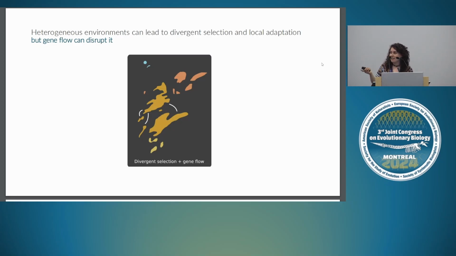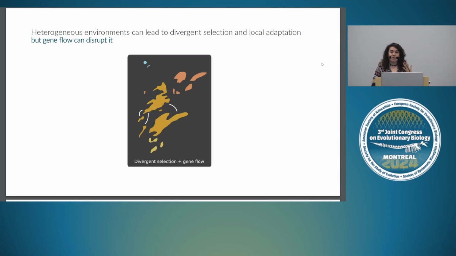And as you are seeing here, most of these populations that are connected are nearby, because gene flow tends to happen across populations that are close in space. And that's why we think that local adaptation doesn't happen at small spatial scales that often. It happens at coarser spatial scales.